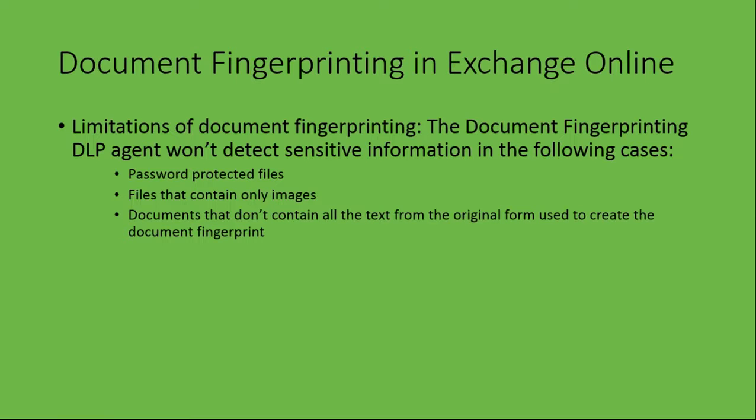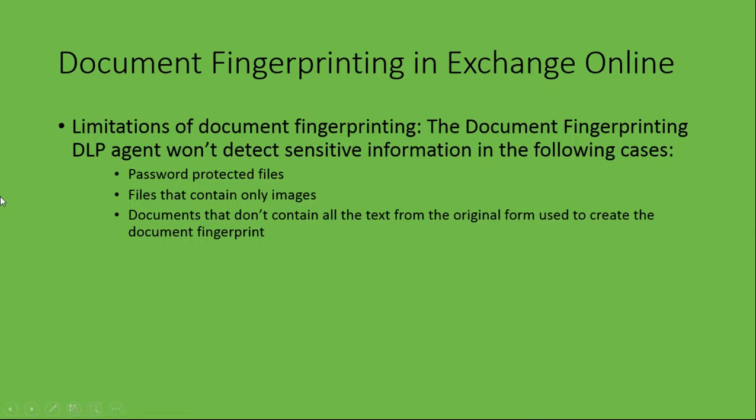In order to protect the document, it should be able to read the content, and only then can it check whether it's a sensitive document based on the template stored in the policy. So that is one limitation.